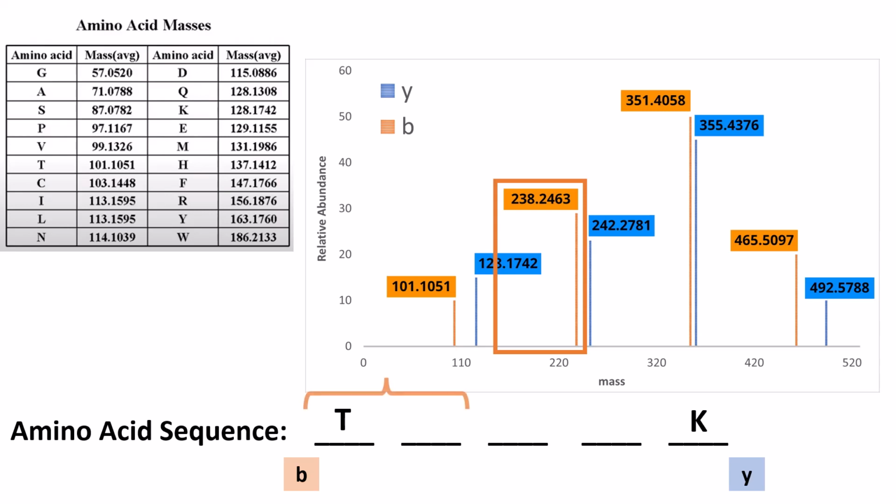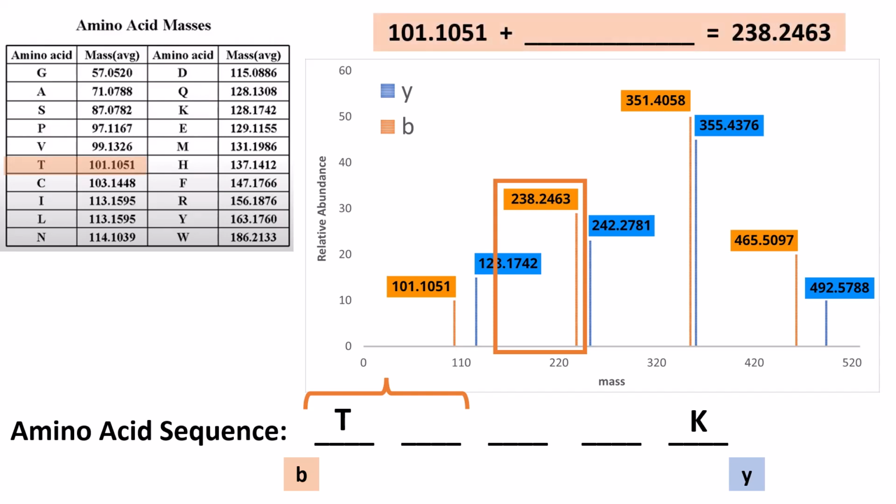We already know one of these amino acids is threonine from the previous B ion peak, and we know the total mass of the two amino acids together. So the mass of threonine and the unknown amino acid must equal 238.2463.